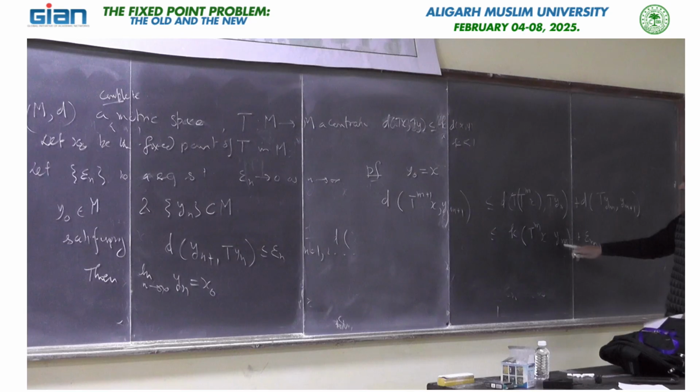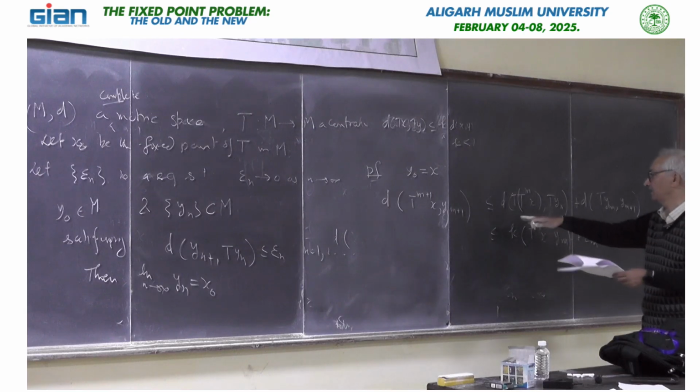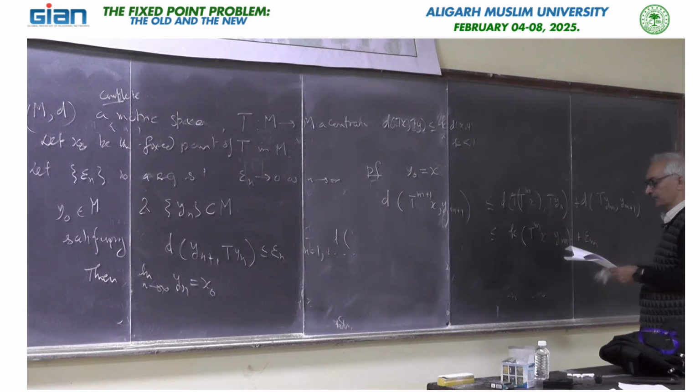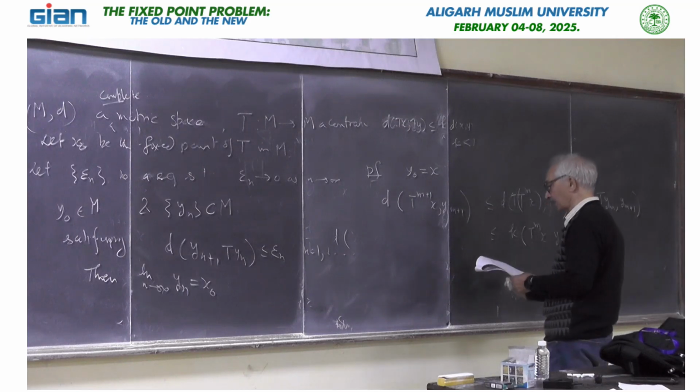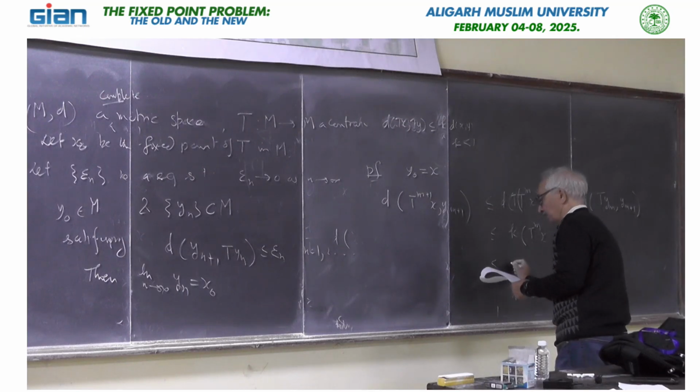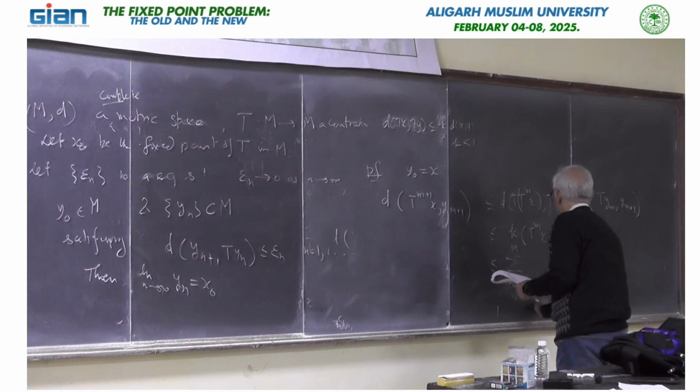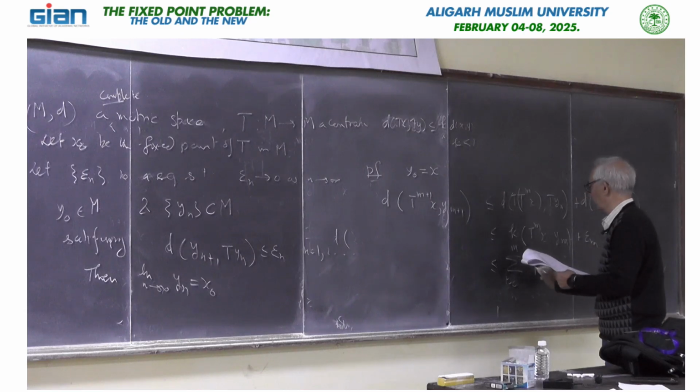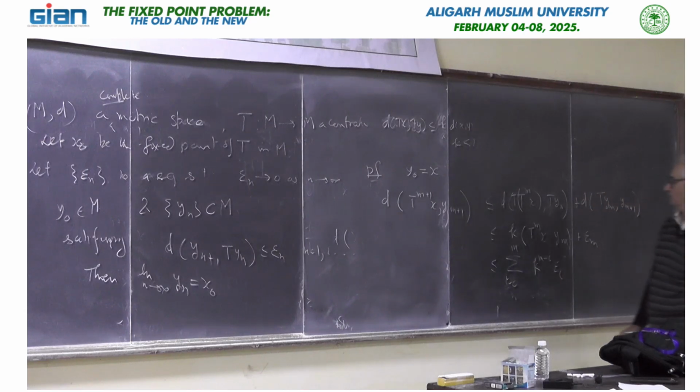And now here you can go down to this last one, and so this you can write, iteratively, as the sum over i equal to 0 to m of k to the power m minus i, epsilon_i.